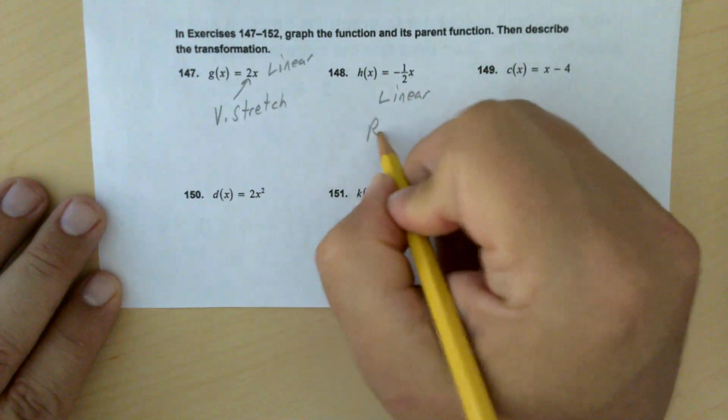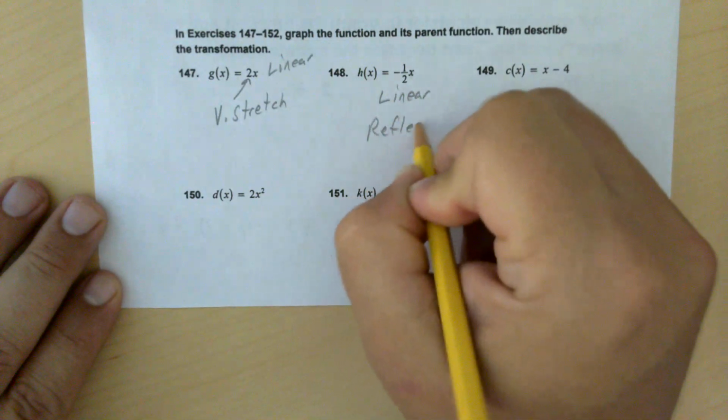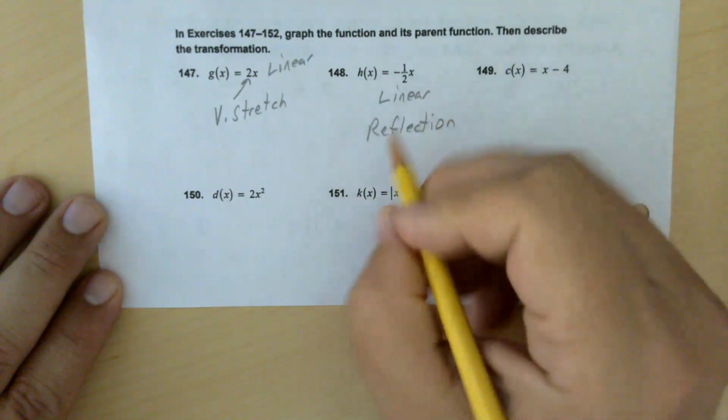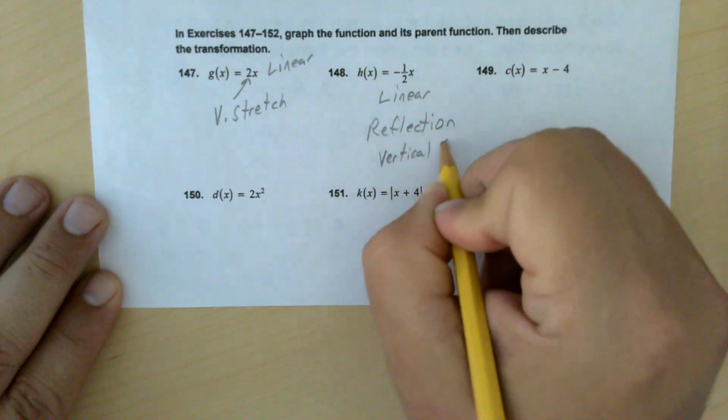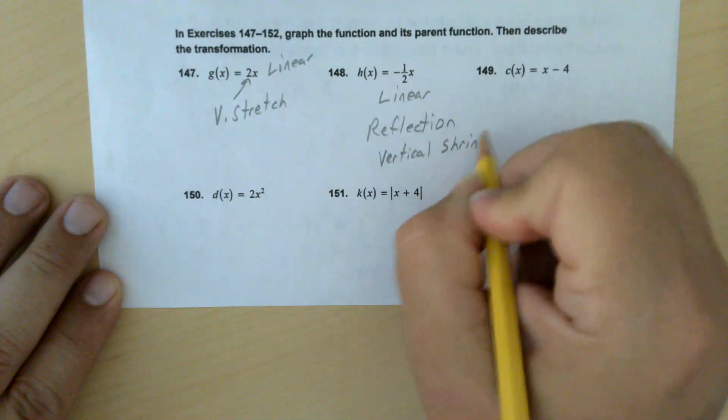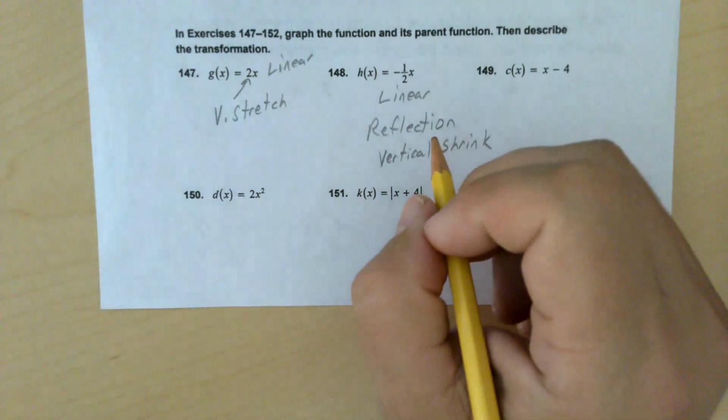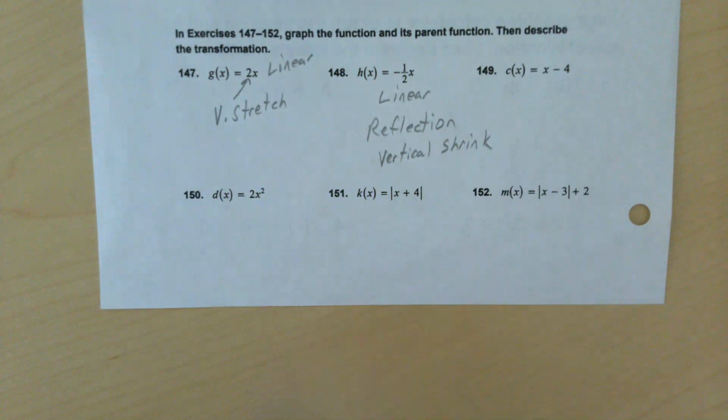It is a reflection, but since we have a 1/2, it's going to be a vertical shrink. Okay, that line is going to be flatter now. Okay, it's only up 1/2 or down 1/2 if you think of it that way, where the line's being compressed.